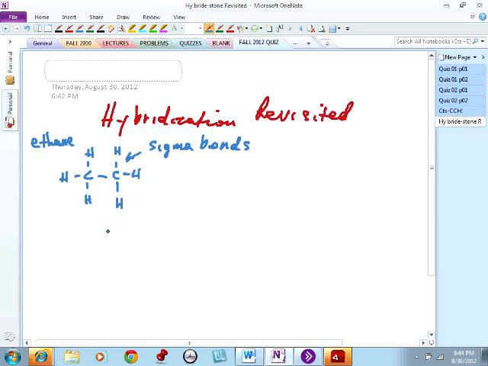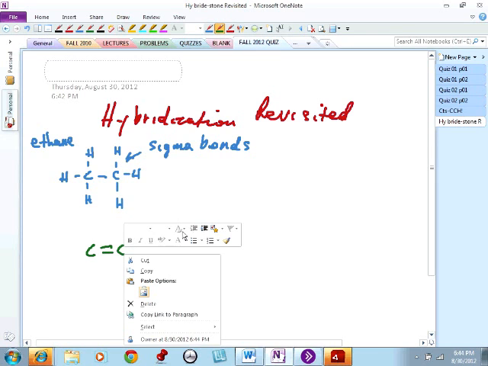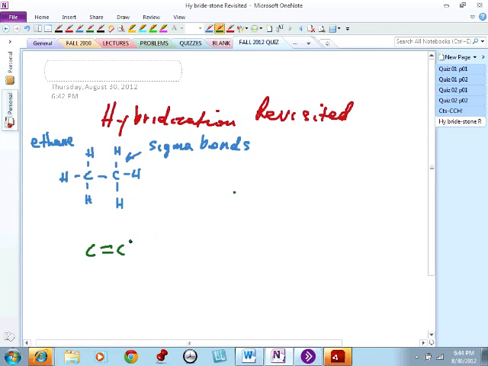On the other hand, if I have this molecule here, this molecule we call ethylene. In this molecule we have 5 sigma bonds.